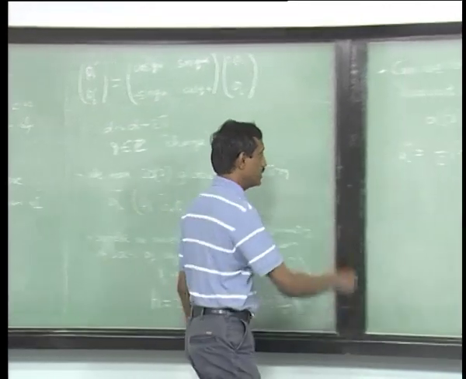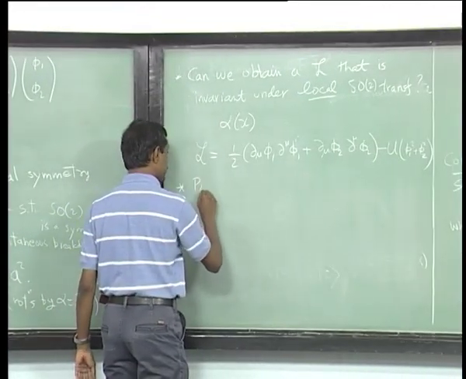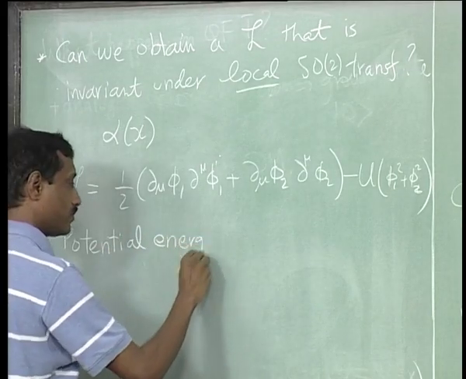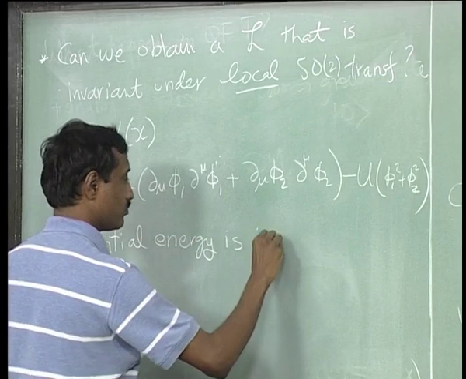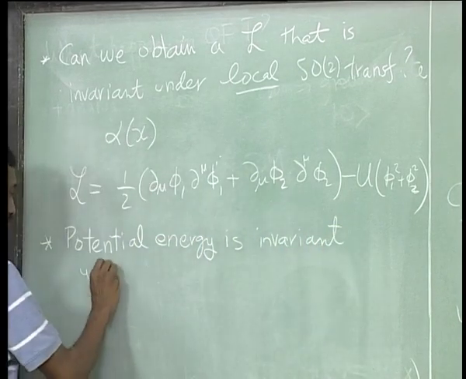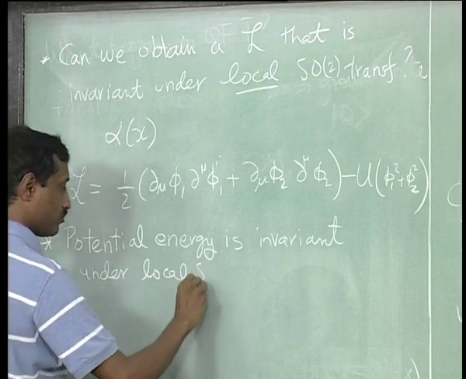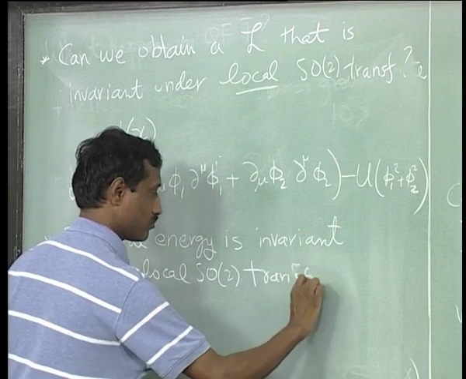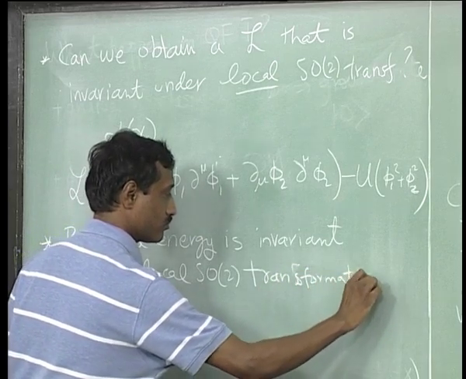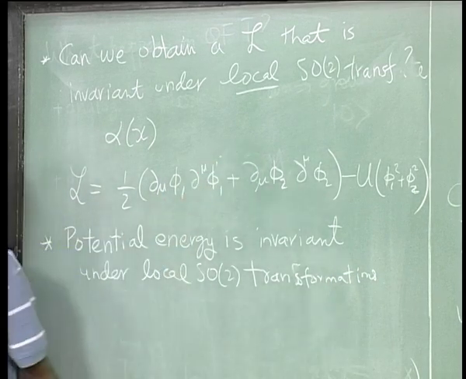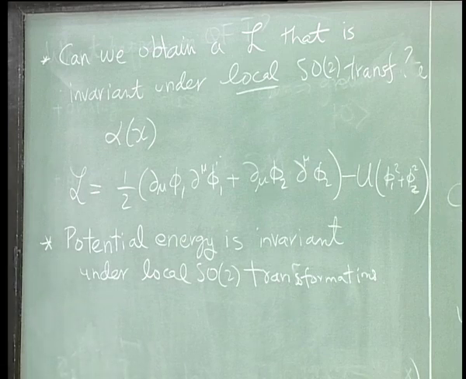It is easy to see that the potential energy is invariant, because it did not really matter, it just depends on the combination phi 1 square plus phi 2 square. But what about this guy?